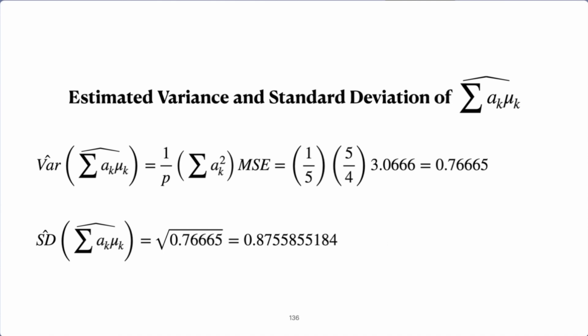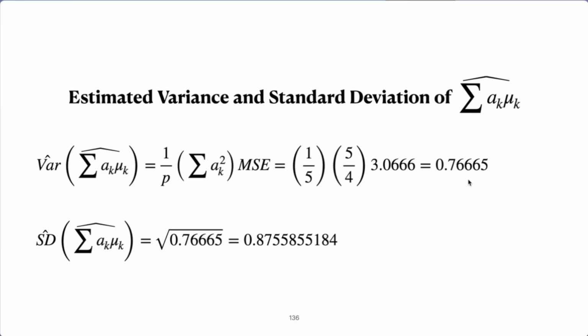Next, we want to construct a confidence interval for that comparison, that difference, that contrast. But we need to first calculate the estimated variance and standard deviation for the point estimator. Using the formula given in the notes, the estimated variance for that contrast is 0.76665.